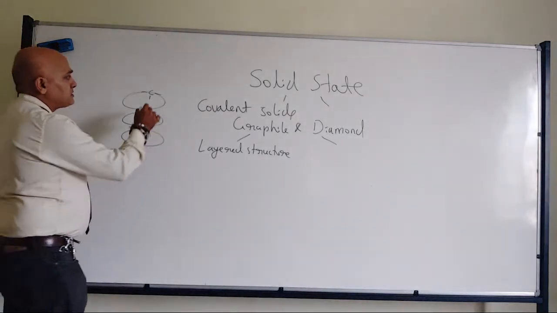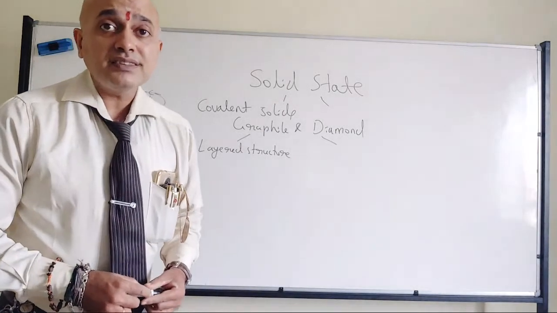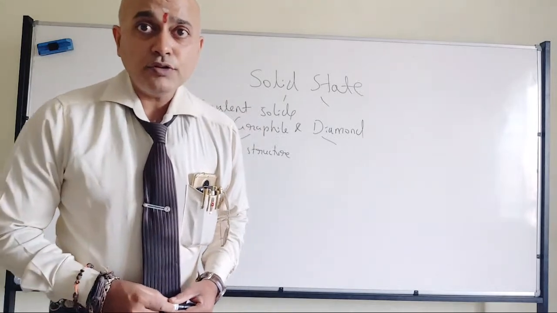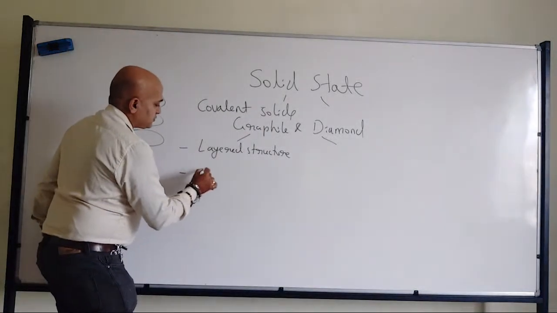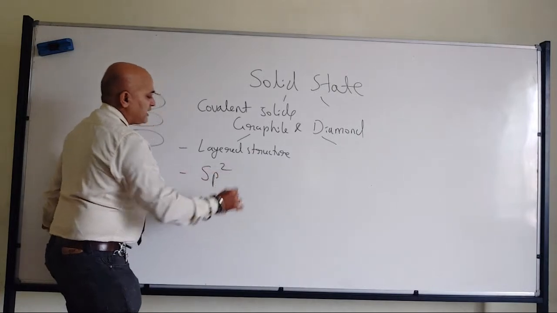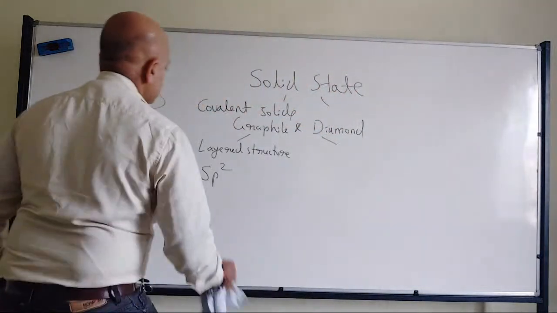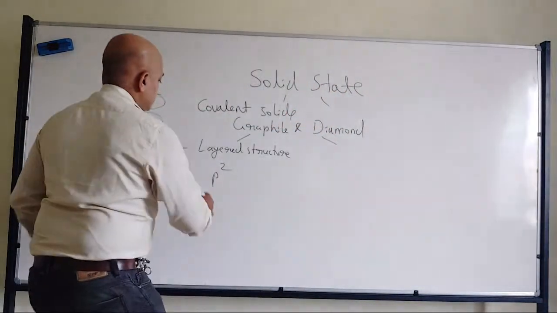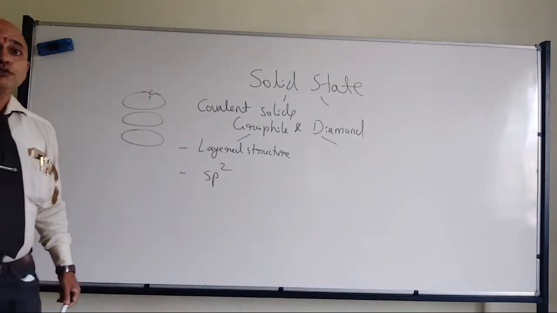Now if I observe, I told you carbon is interacting with three neighboring carbons. I never told four. So that means graphite should show sp2 hybridization. So that's where we have graphite sp2.